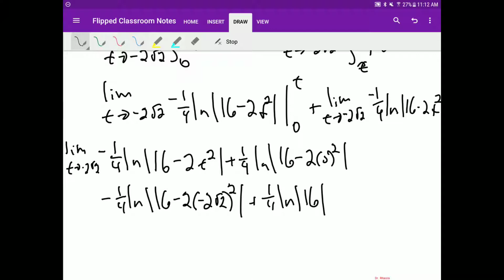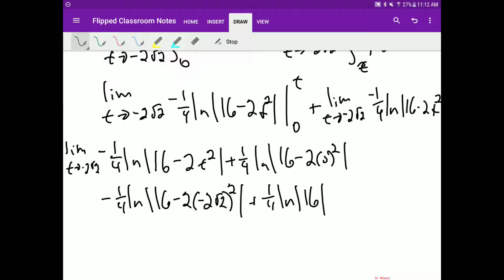We can do that out pretty quickly, asking ourselves what the natural log of 16 minus 2 times negative 2 times the square root of 2 squared is.